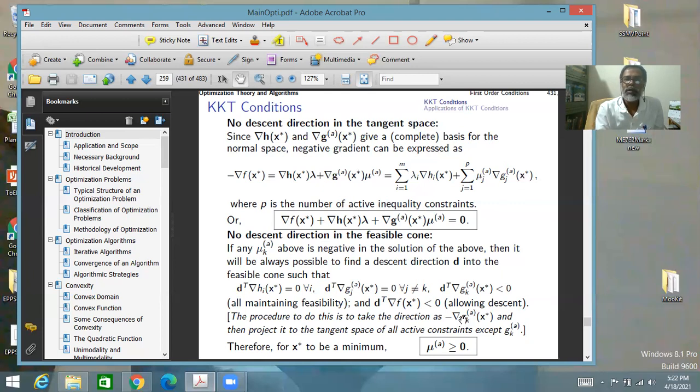So you will get the requisite number of equations from here to determine all the other components of the direction.